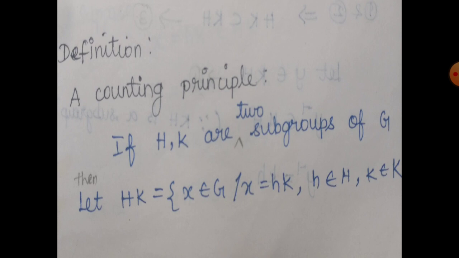Here, for two subgroups of G, we have to define the multiplication HK like this: we take one element from G, that element is represented by hk, where h belongs to capital H and k belongs to capital K.